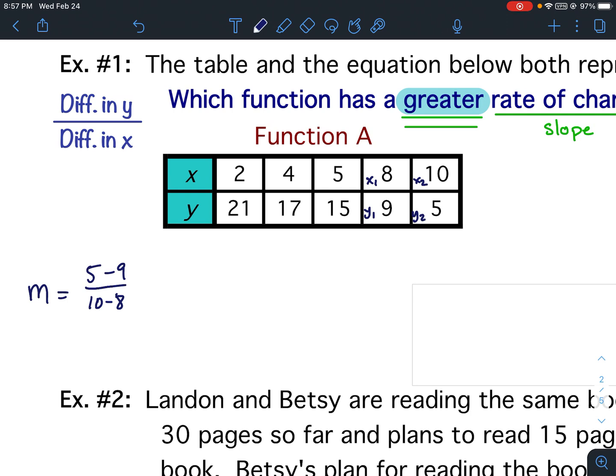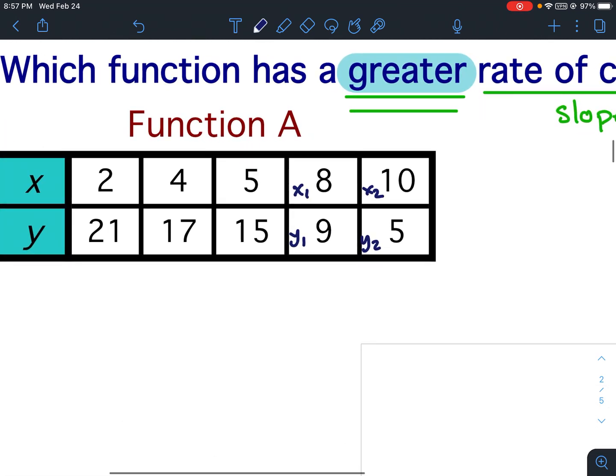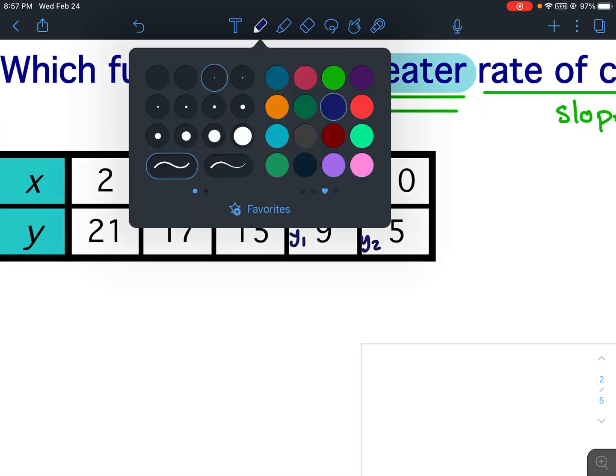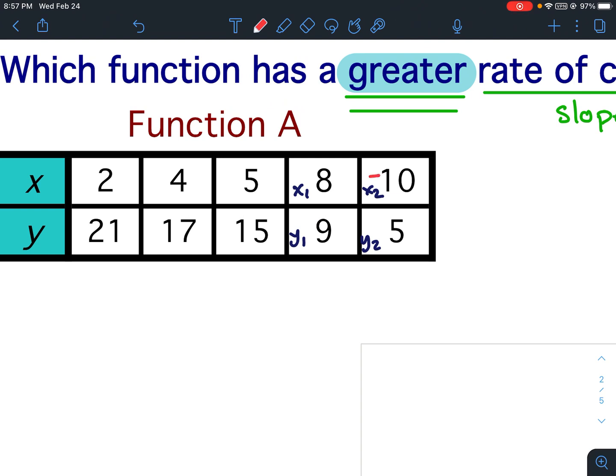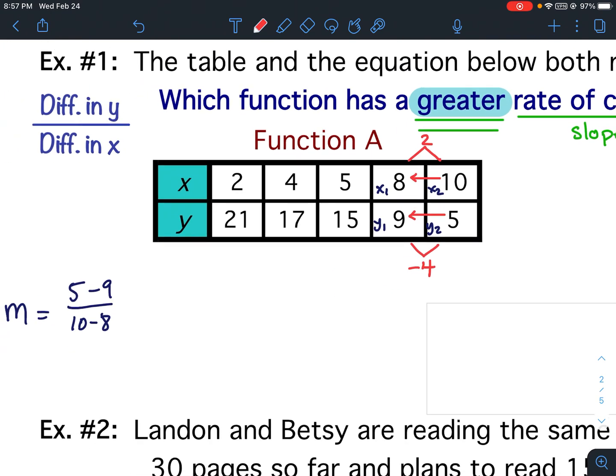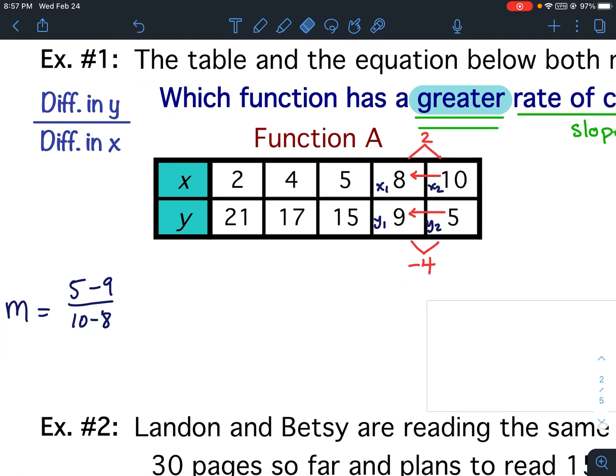Or you could simply, and we've done this before, look at the graphs and know that you're going to subtract 10 minus 8, which is 2, and 5 minus 9, which is -4. So, again, you could do it this way.